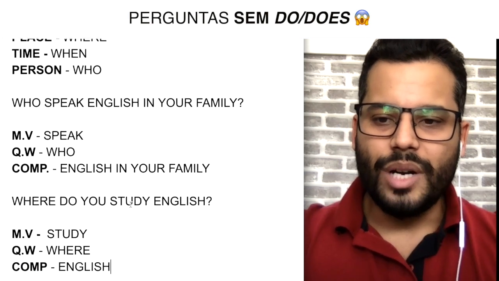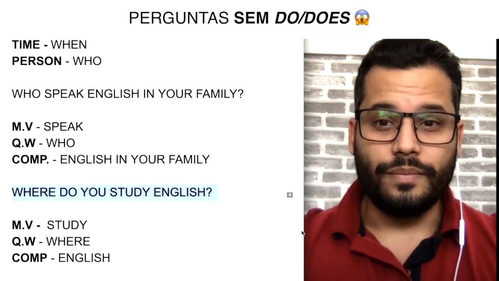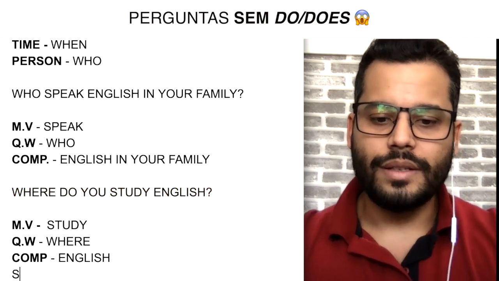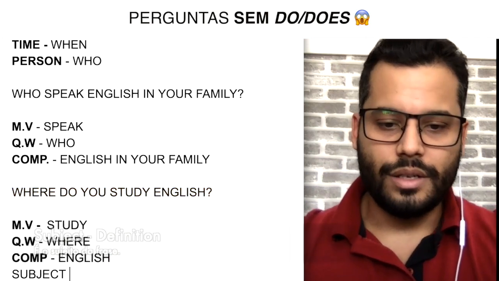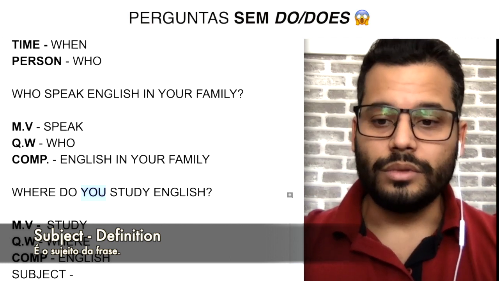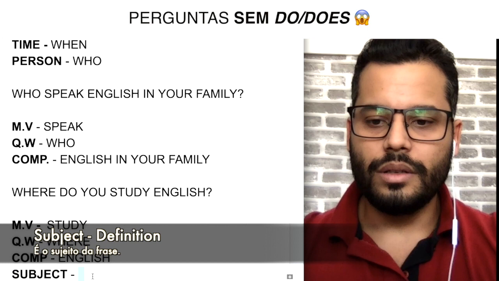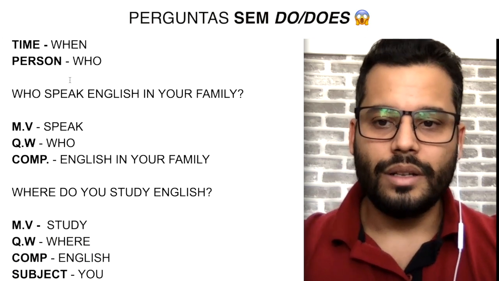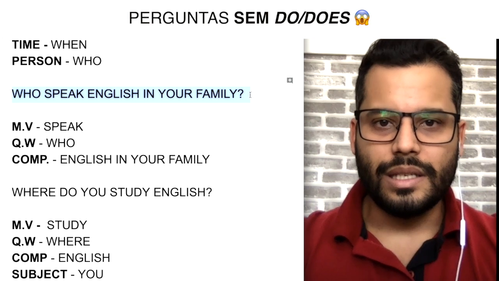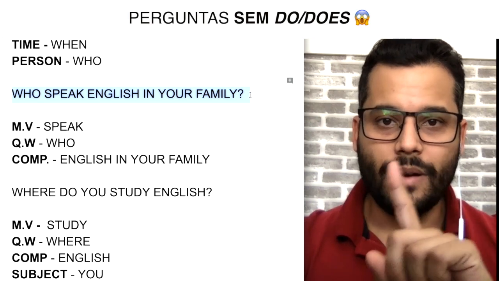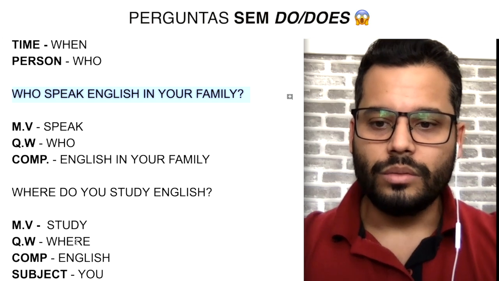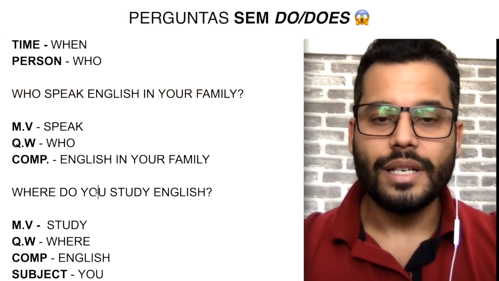But in this question, we have one more piece of information, which is the subject. Who is the subject in this question? You. Okay, so you is the subject. In the first question, do you have a subject? No subject for this question. Here you have a subject.